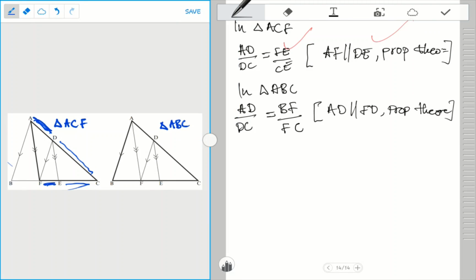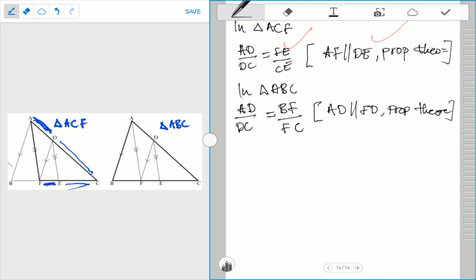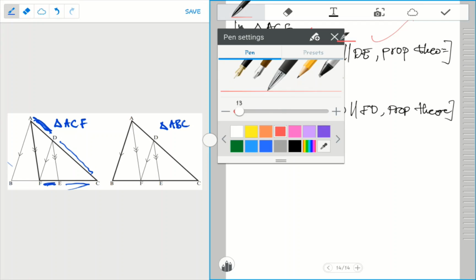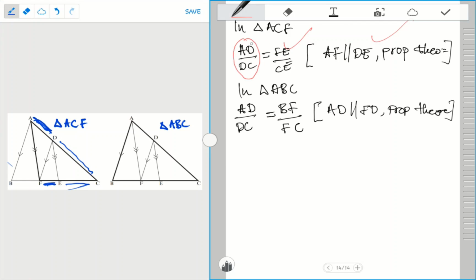Okay. Then now, let's check here. Do you notice that this one and this one, they are equal? As you can see, AD and this one, since they are equal, these two are also equal.